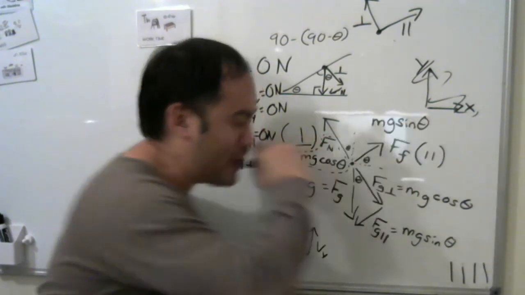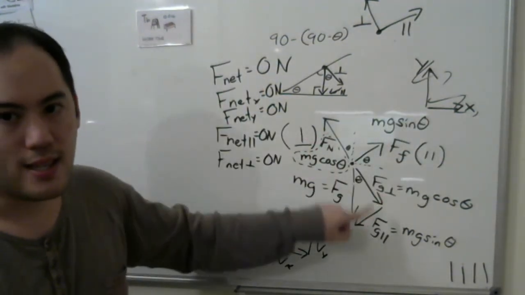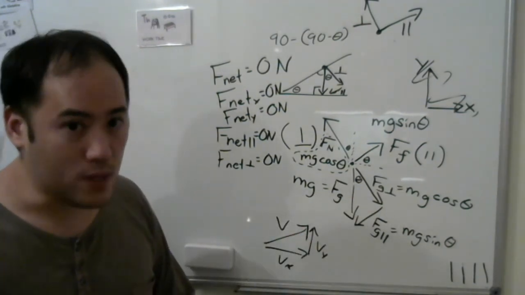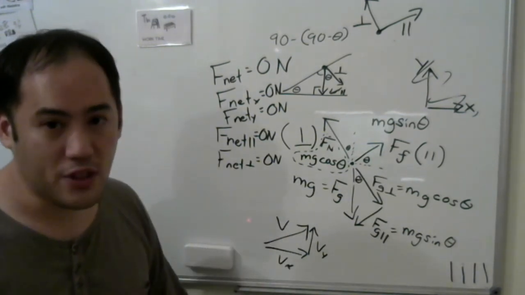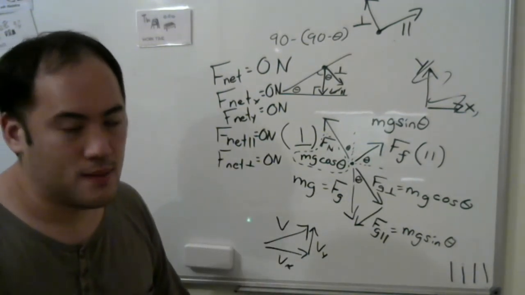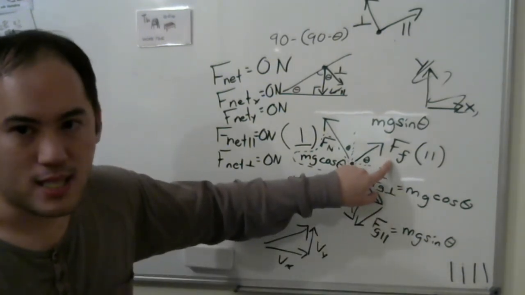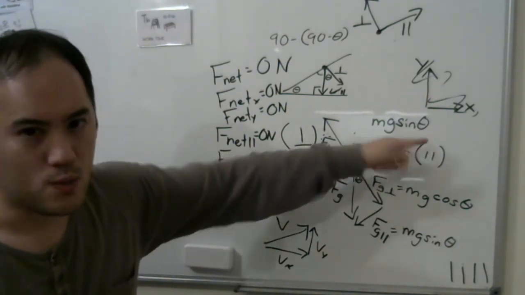So a nice little trick, where you see the inclined plane, resolve Fg like this. If you can't memorize it, you can derive it again. If you need a little trick, make sure it makes sense when theta is 0. If theta were 0, you wouldn't need any friction to keep it up the ramp. So Ff would be mg sine theta, which would be 0.